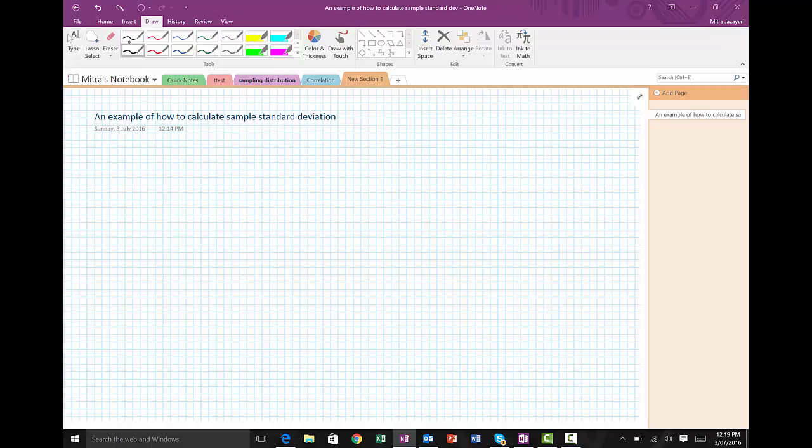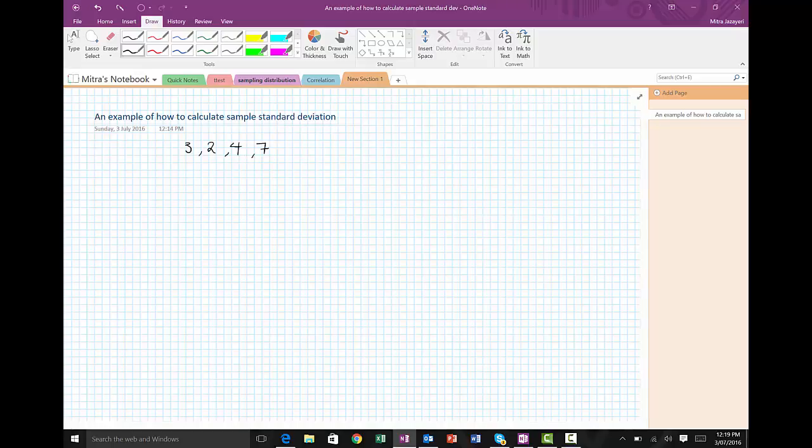Now let's talk about the calculation of sample standard deviation. Let's say you have a sample of size 4 and the measurements are 3, 2, 4, and 7. And you want to calculate the sample standard deviation. Okay, the first thing, you have to calculate the mean.